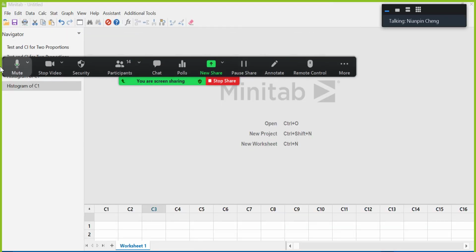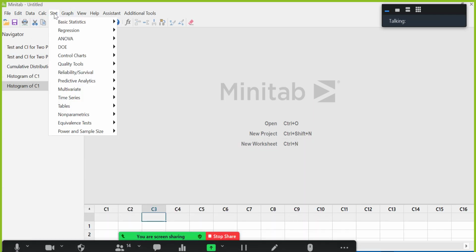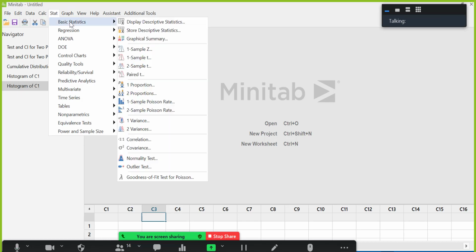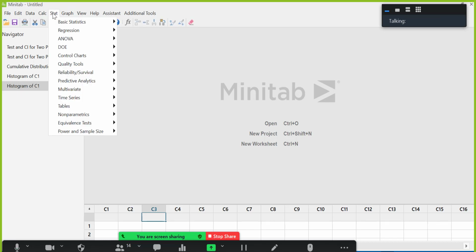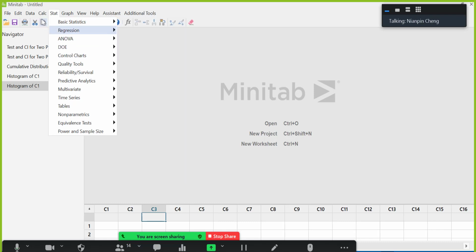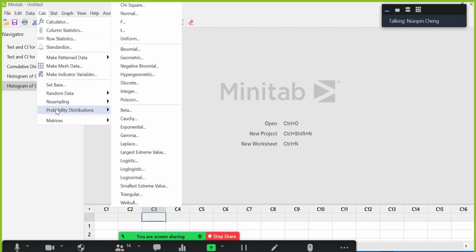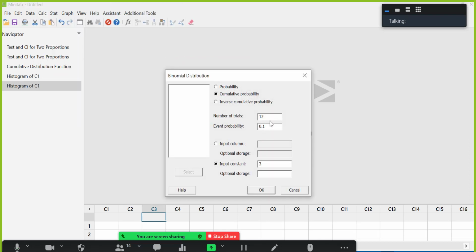In Minitab, you go to Stat, then Calc, Probability Distributions, and you want Binomial.